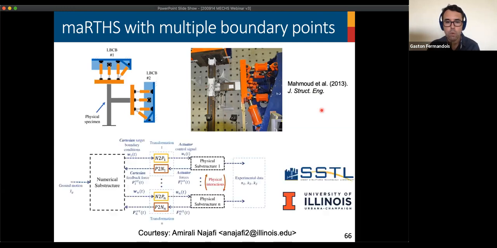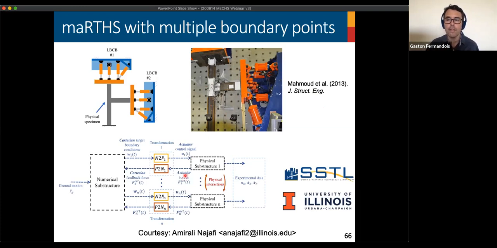So we wanted to run this test using multiple boxes and multiple actuators. All these figures and results that I'm going to show next are courtesy of Amirali Najafi, who is a PhD candidate at the University of Illinois at Urbana-Champaign, working under the supervision of Professor Bill Spencer.